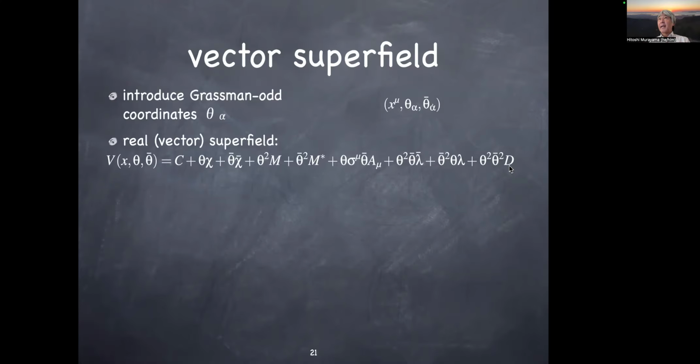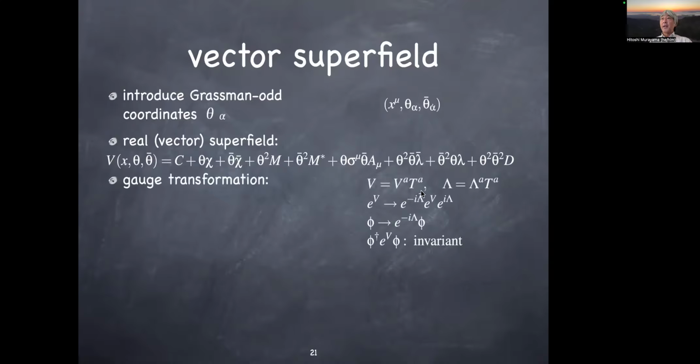The highest power in theta and theta bar would be this term called the D term, which has theta 1, theta 2, theta bar 1 dot, and theta bar 2 dot. And there are no other terms you can write beyond this power. So it actually stops. But still, we seem to have many different components.